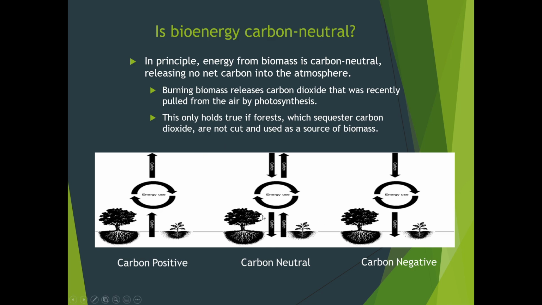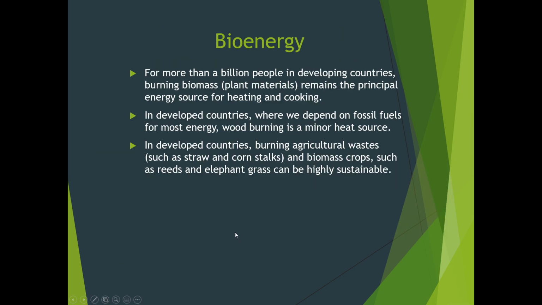So it depends on what we use the trees for and how fast we cut them. If we put them into a home, that's going to store that carbon. That carbon's not going to be released. But if we use it to burn, then it's going to release that carbon. But we can also lose the tree from growing and sequestering the carbon, so we need to plant some more to replace it. The story of the Lorax, it's real.